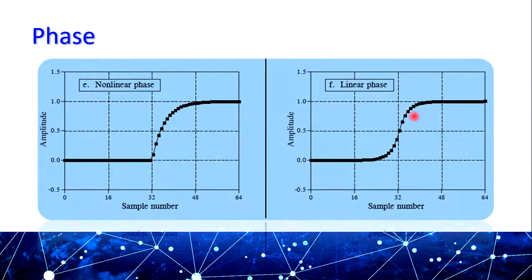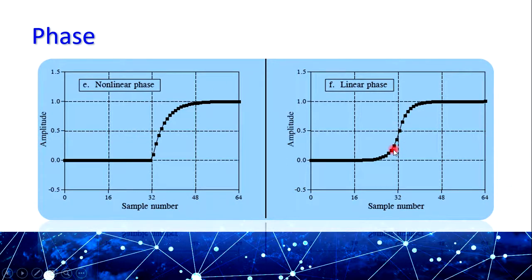The third thing is the linear phase. As you can see on the left side, if we draw a tangent over this phase, this phase is very different from this phase.